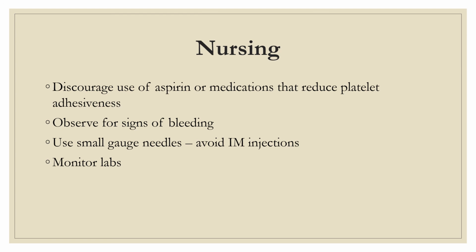For nursing, we want to discourage any use of aspirin or medications that reduce platelet adhesiveness. We want to observe for signs of bleeding. We want to use small gauge needles, try to avoid IM injections if possible, and monitor labs.